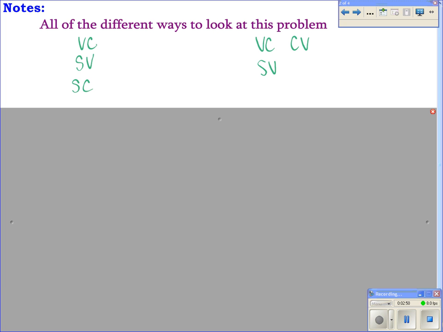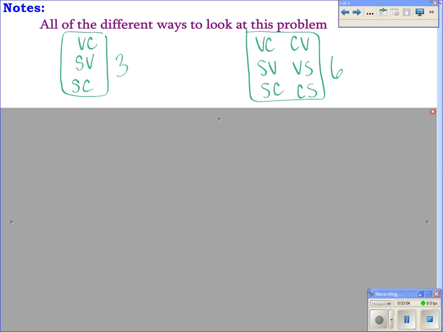Similarly, we have these options. So we have either 3 as an answer or 6 as an answer.